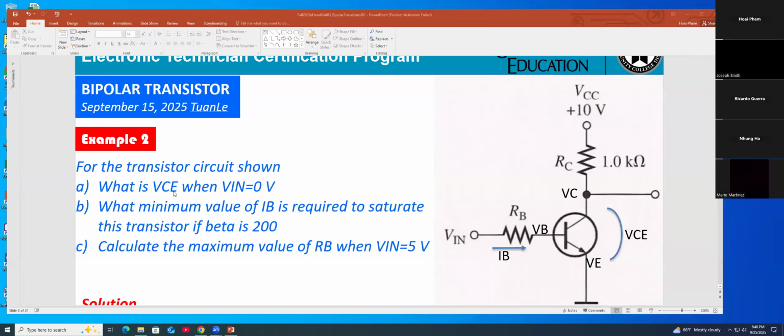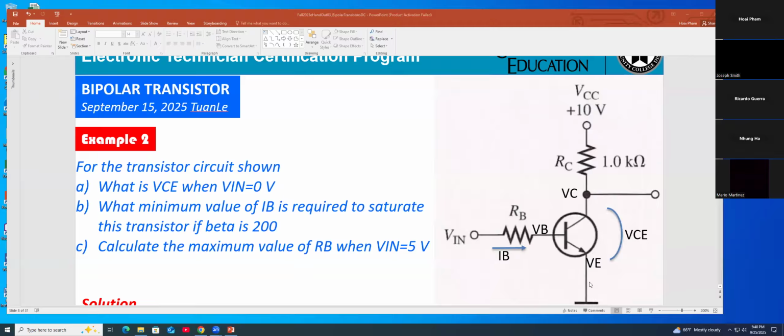What is VCE when Vin equals 0? VCE basically equals VC minus VE. VE is 0, VC is 10 volt. That means VCE equals 10.